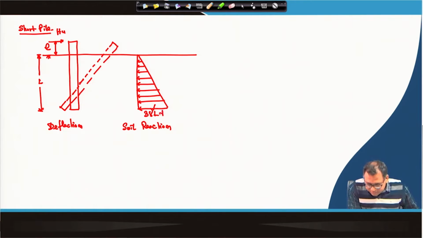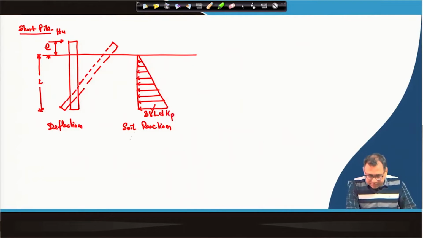If I multiply it with d, it becomes kilonewton per meter, then into Kp.